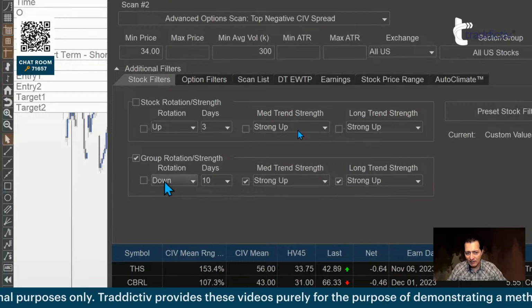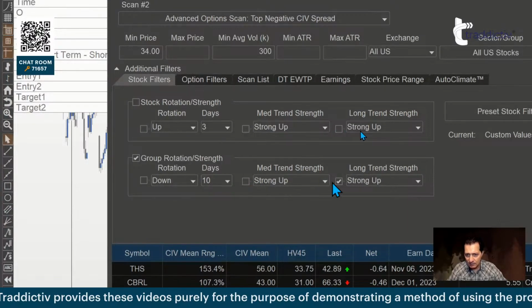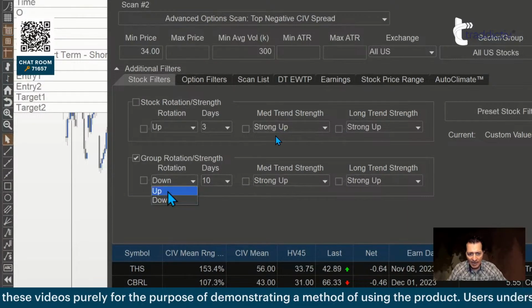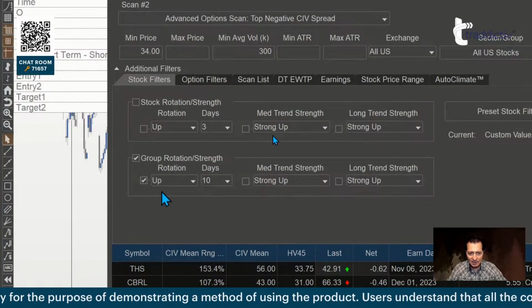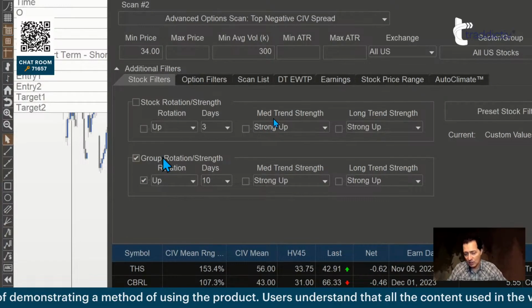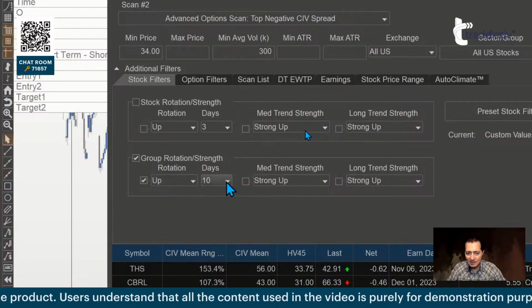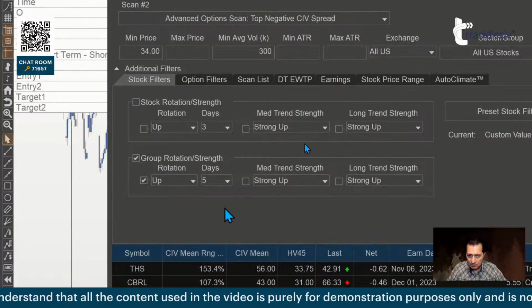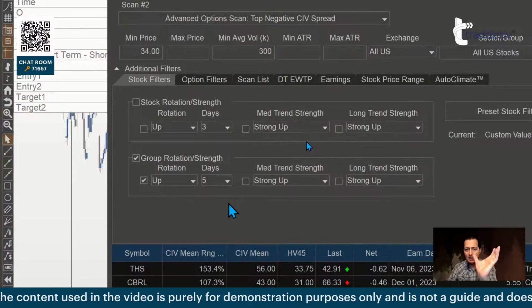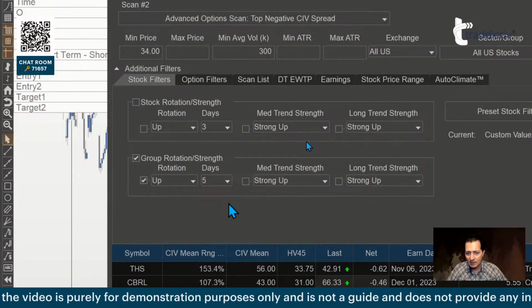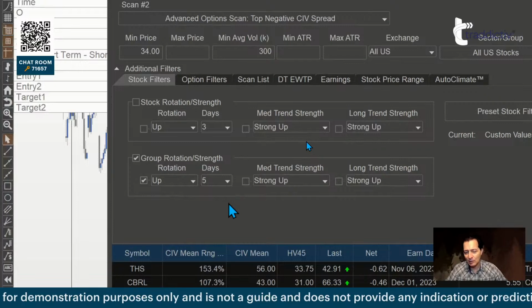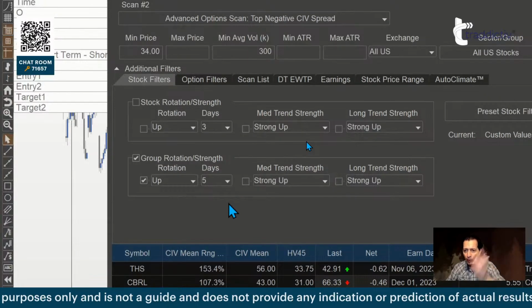If you are more aggressive, maybe you don't look at the trends. You are just looking at, okay, has this group rotated up in the past 5 days? Sorry, the group, not the stock. So you have some beginning momentum to the upside in the group, and you bet that the group will push the stock up.